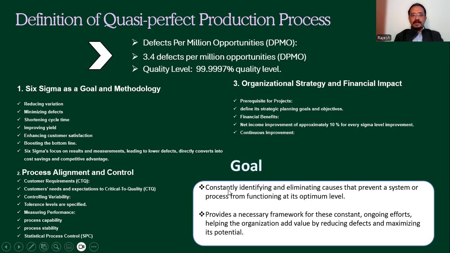And the goal, as we discussed here, is constantly identifying and eliminating costs. For example, today I'm reaching 99 percentage or 97 percentage. How am I going to move to 98? How am I going to move to 99 percentage? That's the goal we are going to create here, and it provides the necessary framework for this constant ongoing effort, helping organizations add value to their customers and clients.